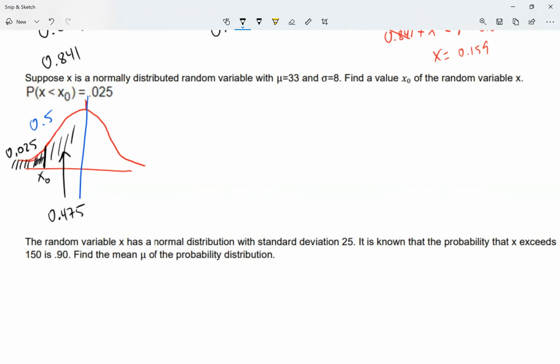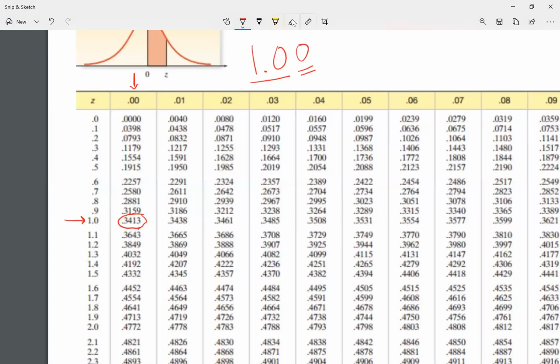I'm going to use my table. I want to see which Z-score gives me the probability of 0.475. So let's take a look at our table here. Erase this. Remember, what I'm looking for is 0.475.